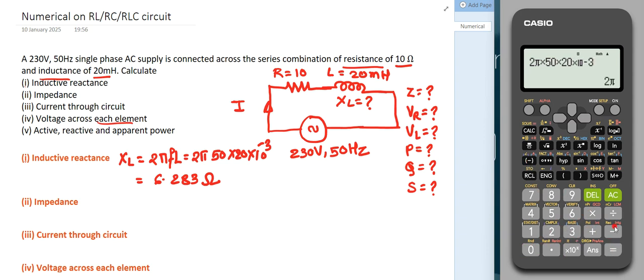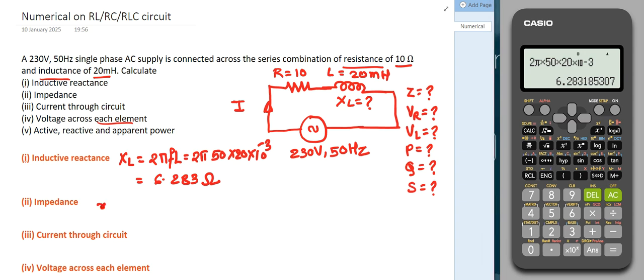See, your answer is coming as a 2 pi. It is not showing as a decimal because your calculator is in math mode. So please change the mode of your calculator, so the answer will be in line input output. Press 2, so it will be line. Now you can calculate 2 pi into 50 into 10 raised to minus 3. So it is coming as 6.283. So I got the value of XL.